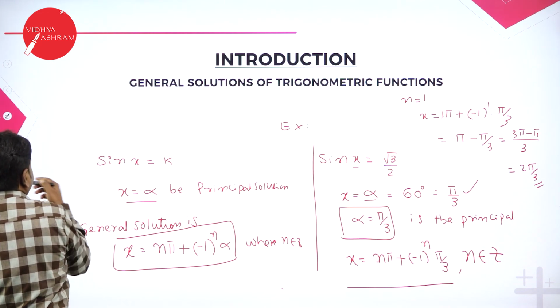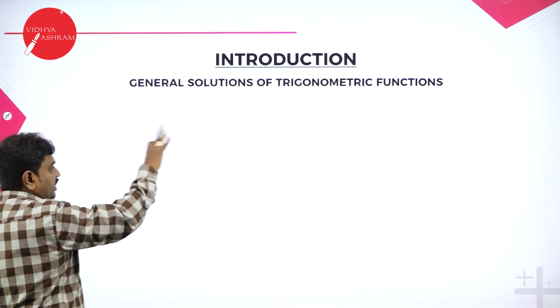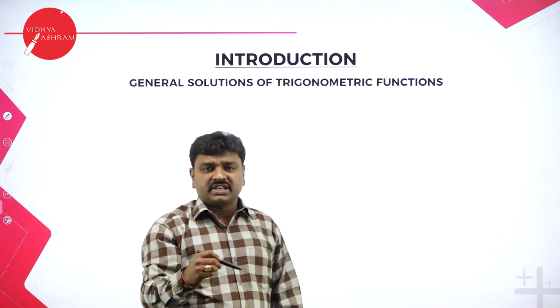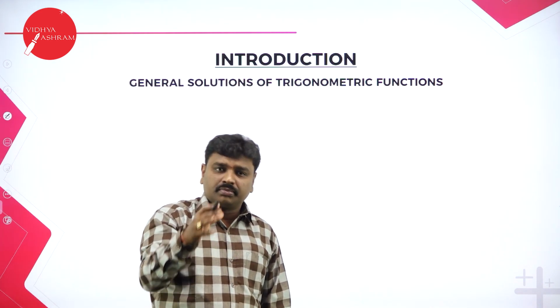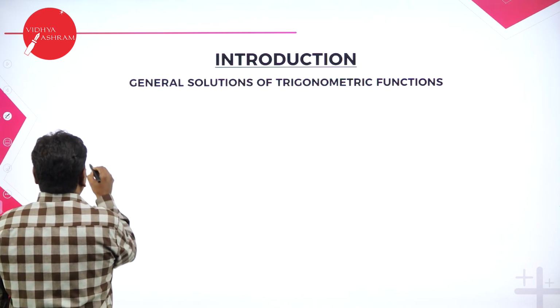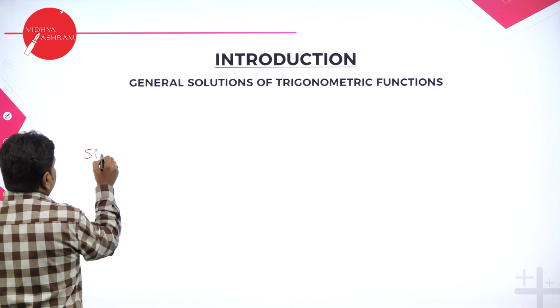Dear students, whatever I explained, I hope all of you understood. Now I'll go ahead and give all the standard cases. Please make a note of them and memorize them, then we'll go to the problems. So first one, sin x is equal to k.